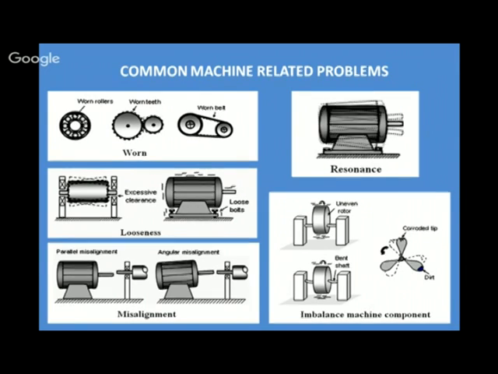So these are some of the common problems that are faced by machines in industrial environments. First of all, we have wear. Wear means over time the bearings or the gears will wear out due to the friction between the moving parts. So this is a very common problem.